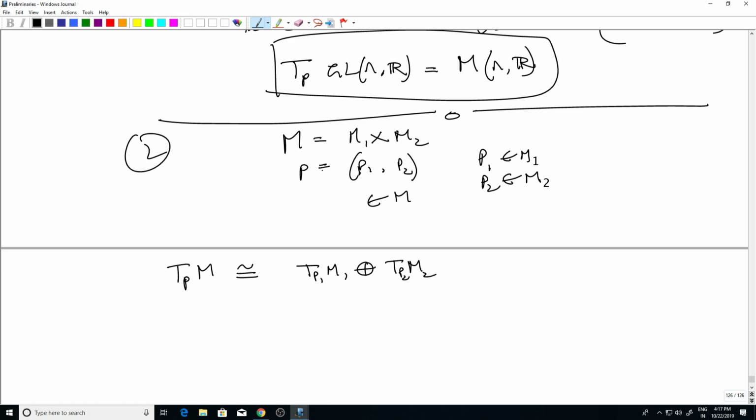And this isomorphism can be described as follows. We have the projection maps pi1 from M to M1, pi2 from M to M2.